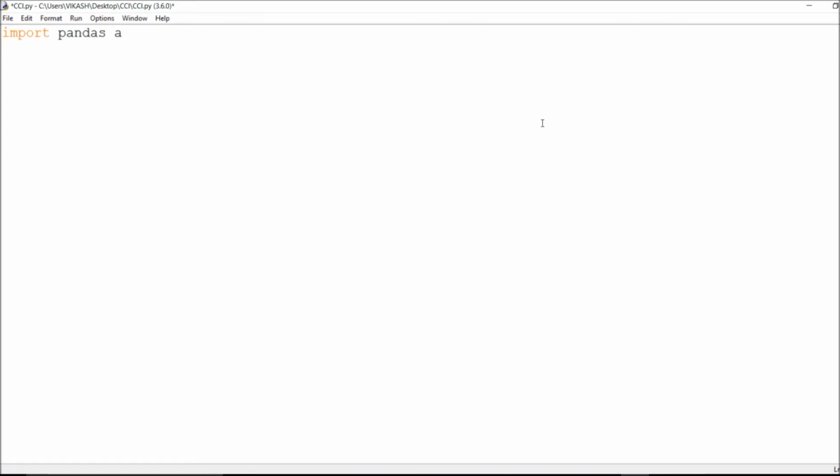Import pandas as pd, and import matplotlib.pyplot as plt for charting purposes.